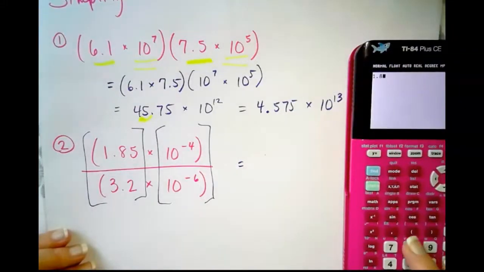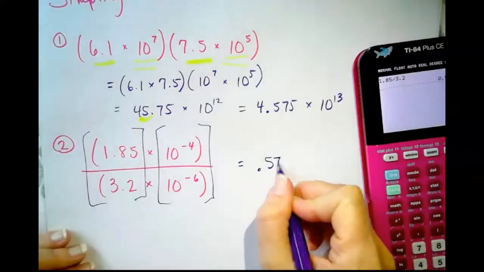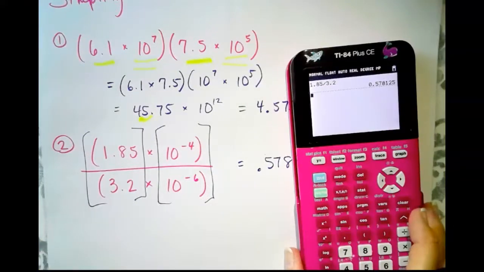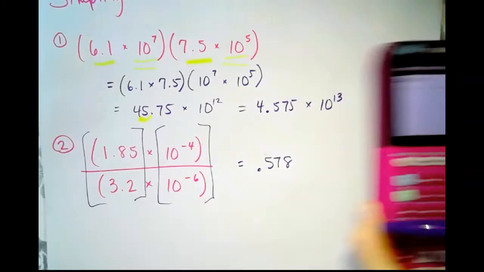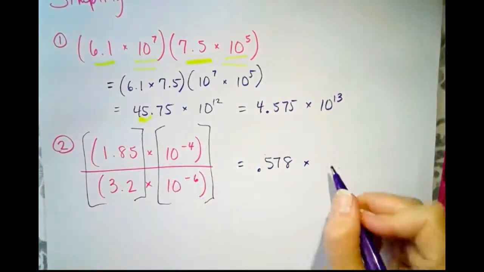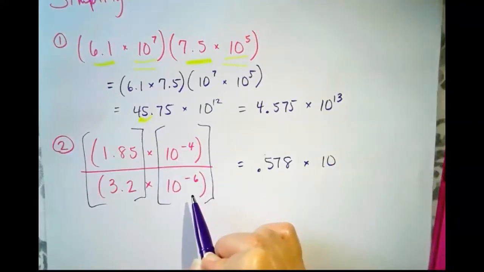So 1.85 divided by 3.2 gives us 0.578. We'll stop there. We'll just round that there, because following the 8 is a 1. So 0.578 times, and then we have 10 to the negative 4th over 10 to the negative 6.